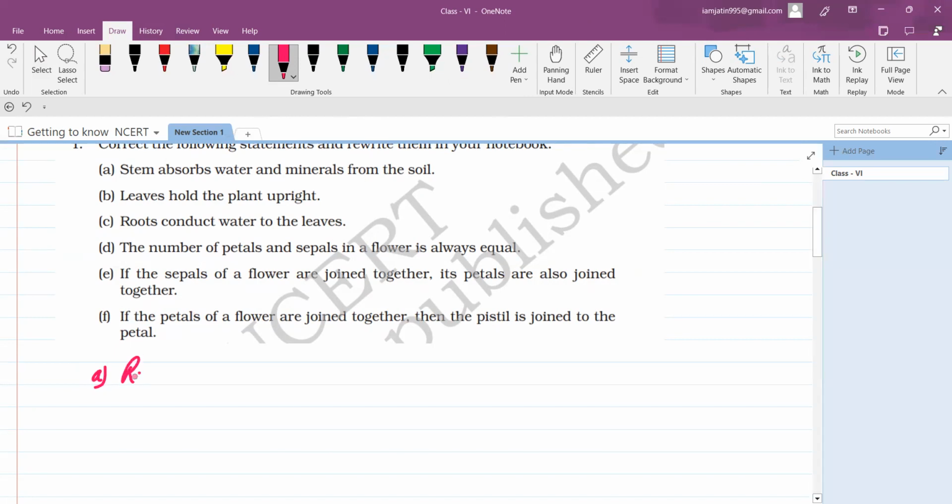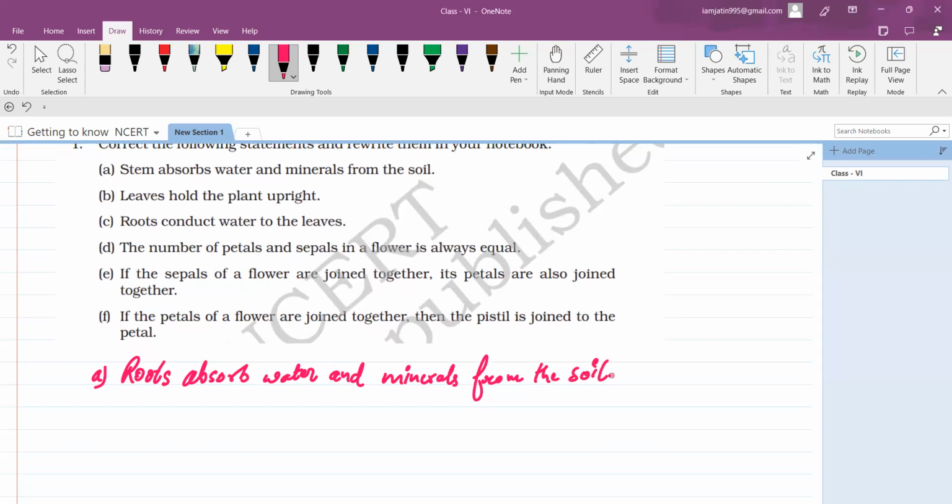It is: the roots absorb water and minerals from the soil. We know that it is not the function of the stem, it is the function of roots to absorb water and minerals from the soil.